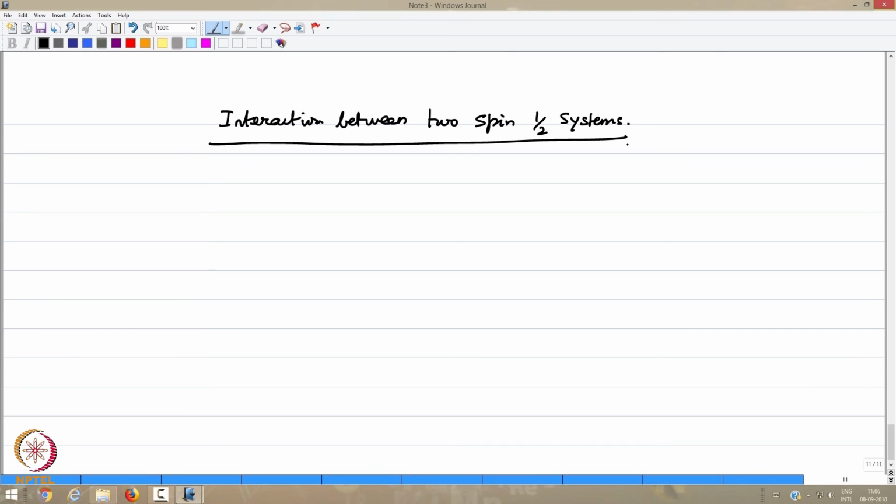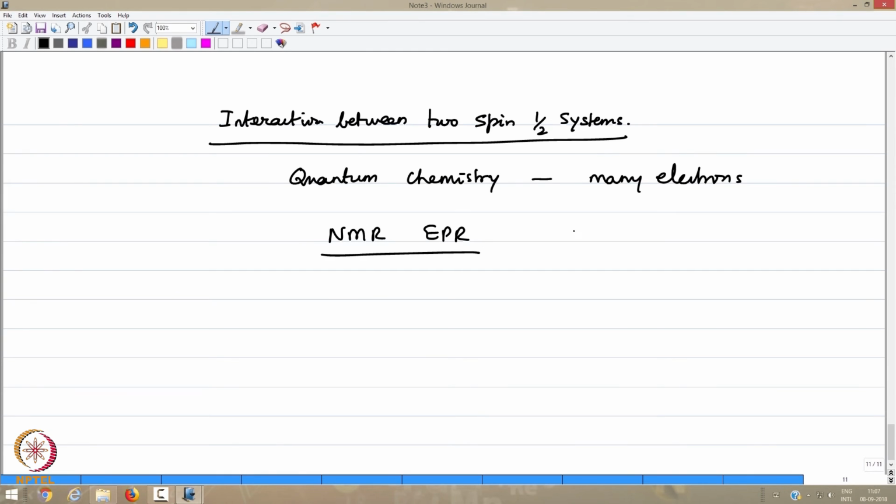The interaction between two spin half systems in quantum chemistry is extremely important because we deal with electrons, many electron systems, and in nuclei we deal with nuclear magnetic resonance, electron paramagnetic resonance, NMR spectroscopy, EPR spectroscopy, anywhere two spin half systems interact. Orbital angular momentum is an integer angular momentum; we are only talking about two spin half systems. So, these are all areas where the interactions have to be studied.